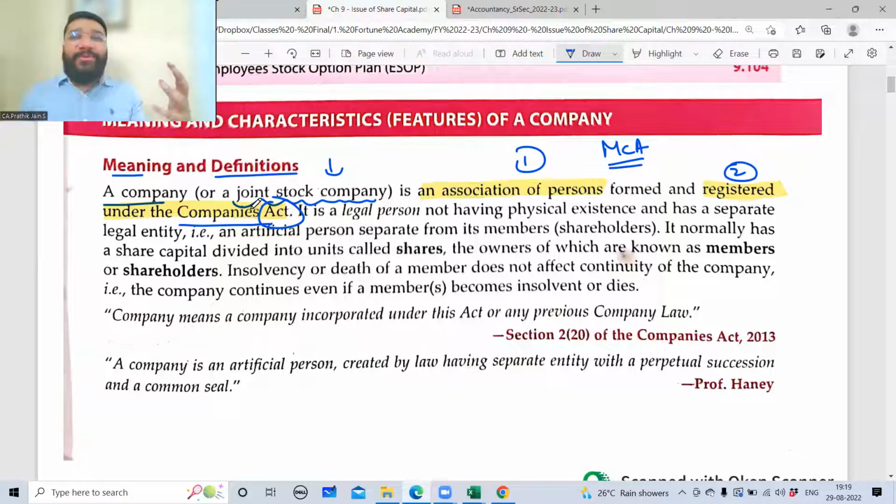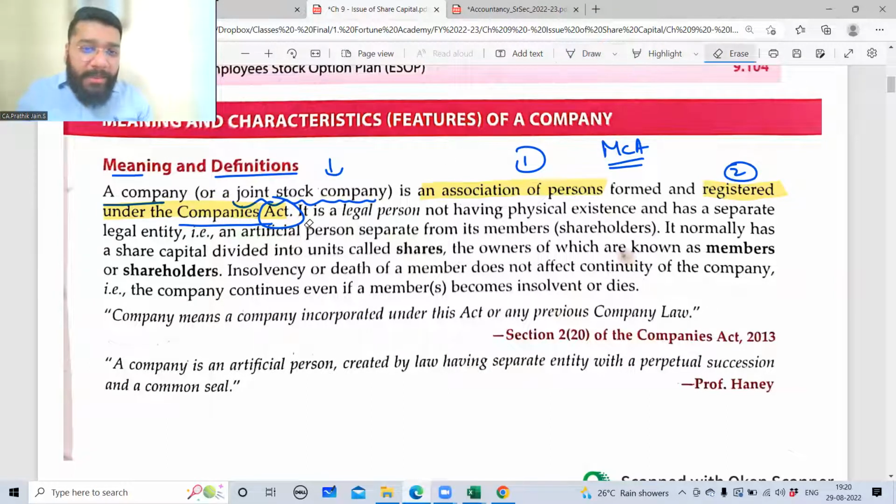So everywhere you go, guys, you are surrounded by rules and regulations. In the same way, for a person to run a company also, there are rules and regulations that need to be followed. And where do you get to study those rules and regulations? In the Companies Act. So there's a book called the Companies Act. You take the rule book and go through it. Who has created this Companies Act? MCA, the Ministry of Corporate Affairs, which is a government body.